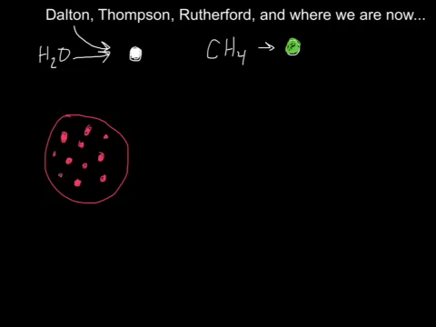Mashed together, there's chocolate chips inside there, those are the protons. They're floating around in this atom, but that's all. So there were protons in this cloud or sphere that made up the atom.